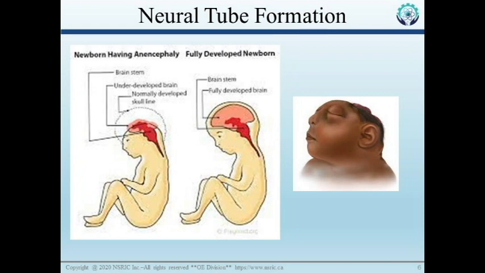And in cases of anencephaly, the neural tube fails to close at the cranial end, resulting in the incomplete development of the brain and skull. And as a consequence, a major portion of the brain, including the cerebral hemispheres, fail to form properly.